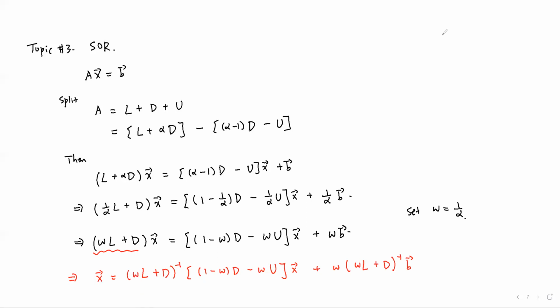Now replace this x by u k plus 1 and this x by u k. The resulting iterative scheme is the SOR method.